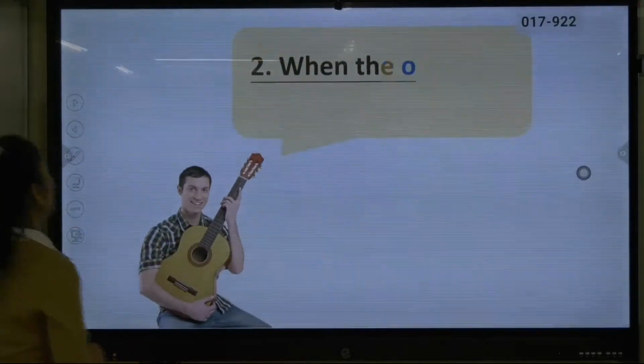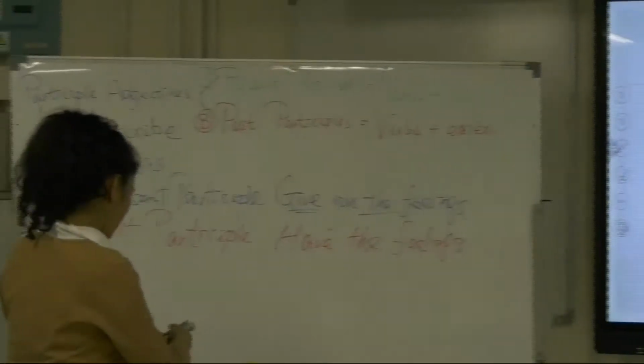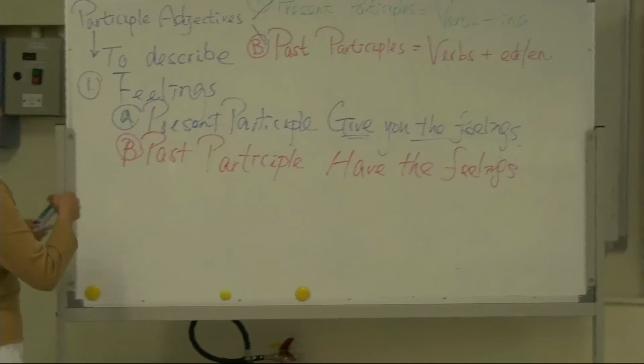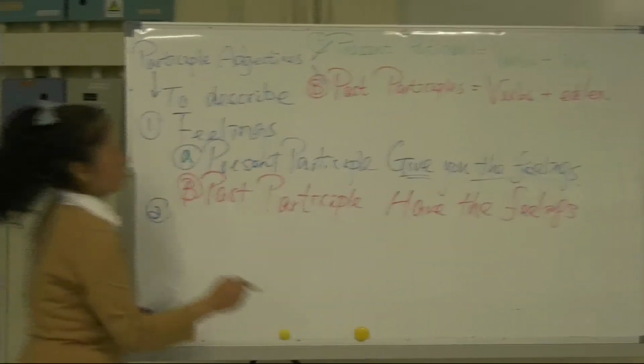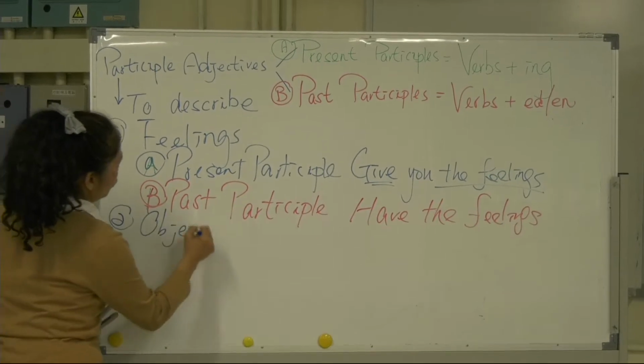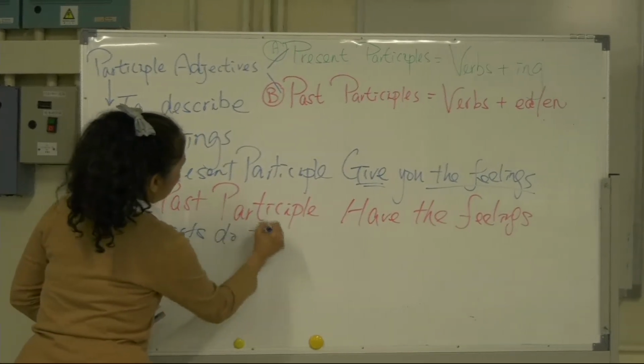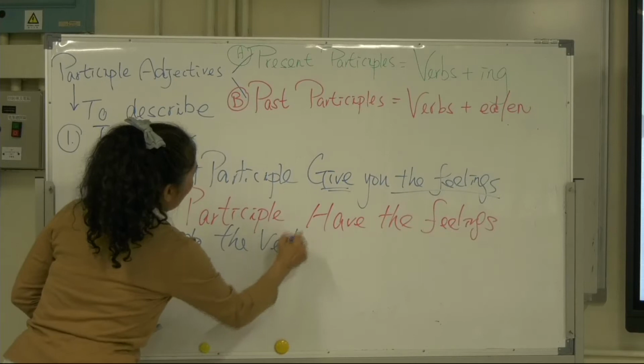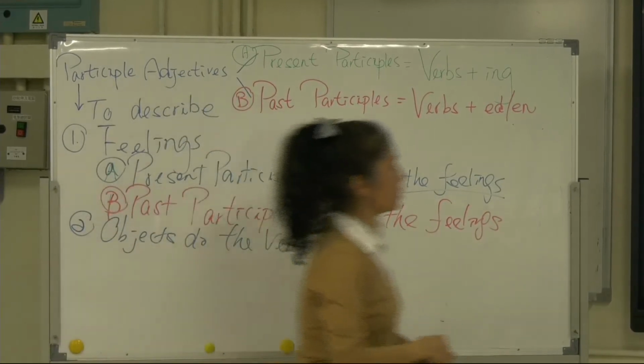All right, and then what about the differences? The second one is the object, okay? The object does the verb, or you can say does the action. So, for example, let's look here.